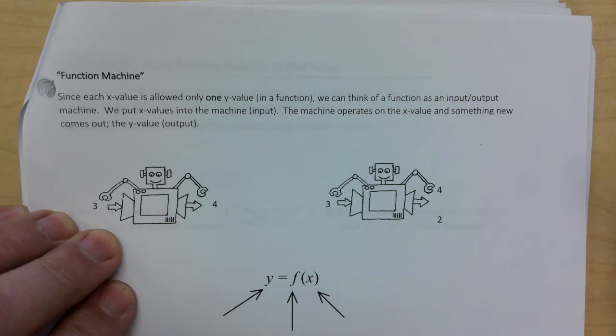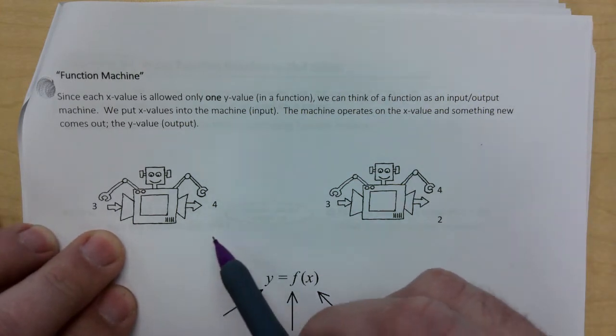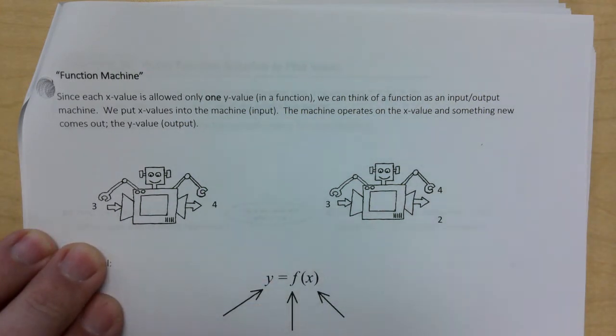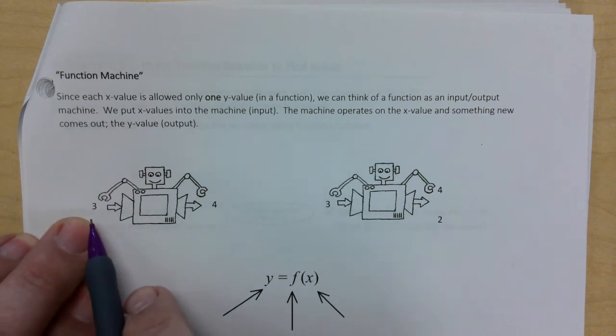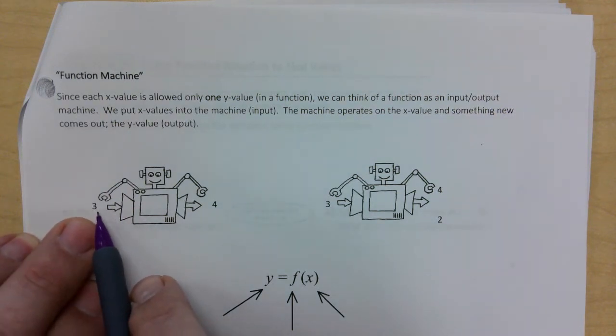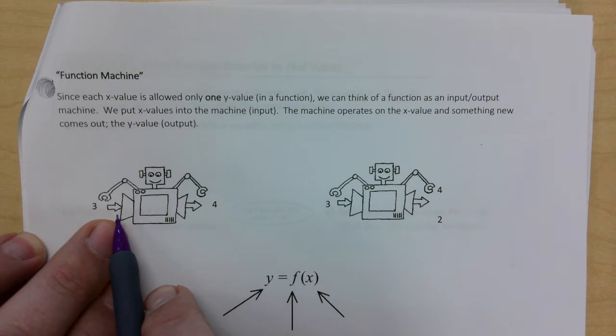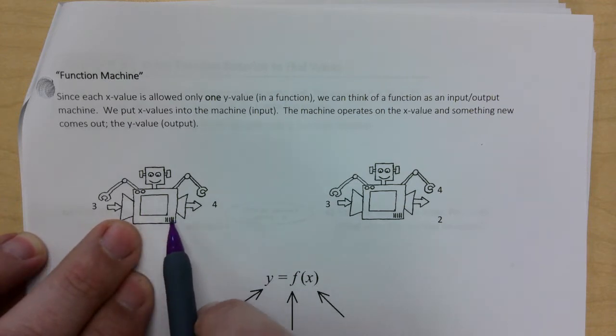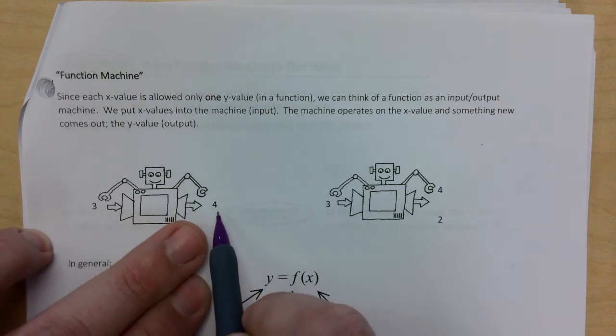So there it is. So we're going to talk a little bit about functions, how they work, and in a sense, we can look at a function as a machine. Something comes into the machine, that's called the input, and then something will be happening to it. That's your function, and then something comes out.